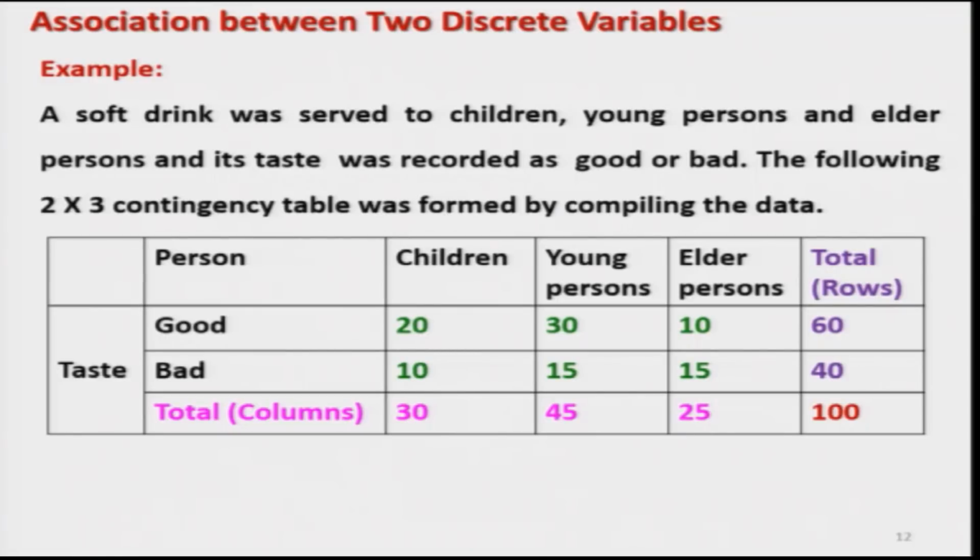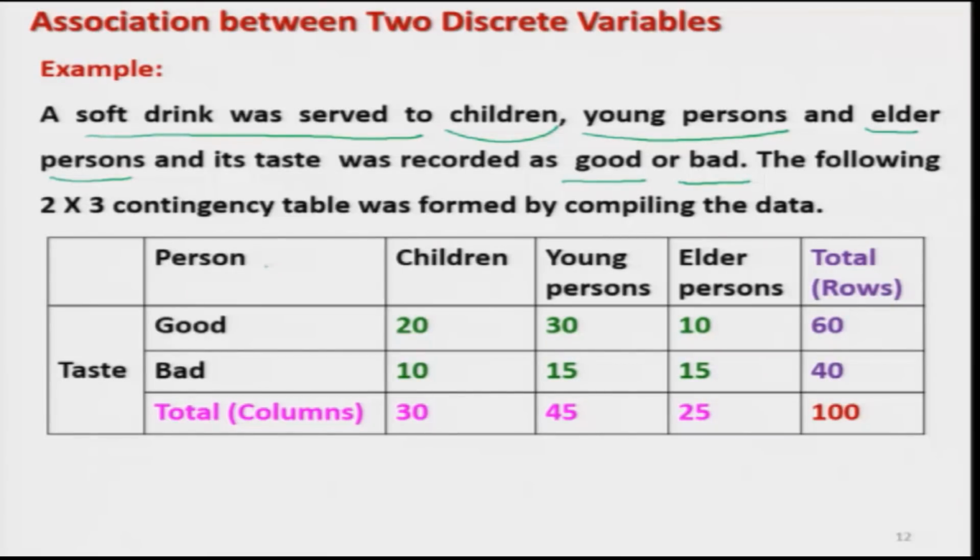Suppose I have an example where a soft drink was served to some persons, and those persons have been divided into 3 groups depending on their age. The first group is children, the second group is young persons, and the third group is elder persons. They were asked how the drink tastes, and they were given 2 options, either the taste is good or the taste is bad, and based on that we have obtained the data.